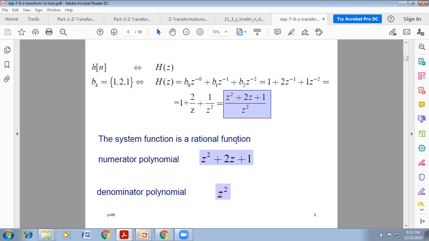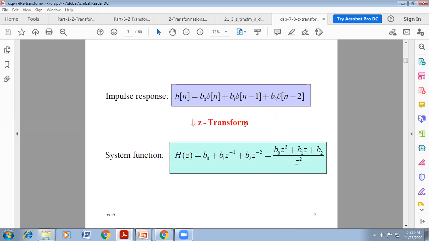The system function is a rational function, this is actually Z transformation of the sequence, with a numerator polynomial, this numerator, and denominator would be z square. This is the division of two polynomials. Now, impulse response can be represented by this, and it can be transformed to Z transformation like this.